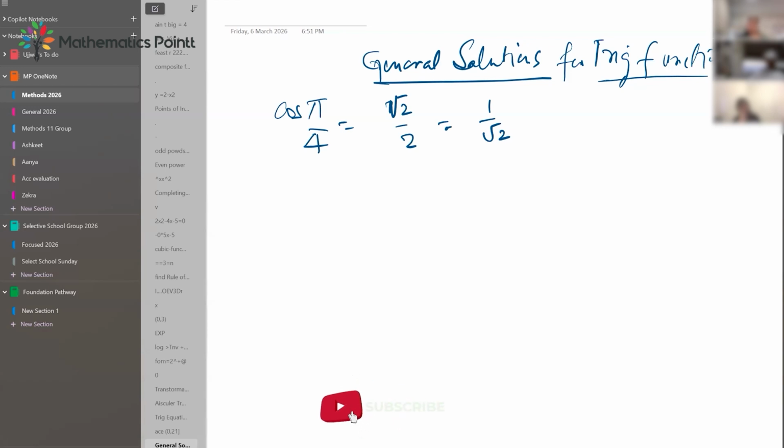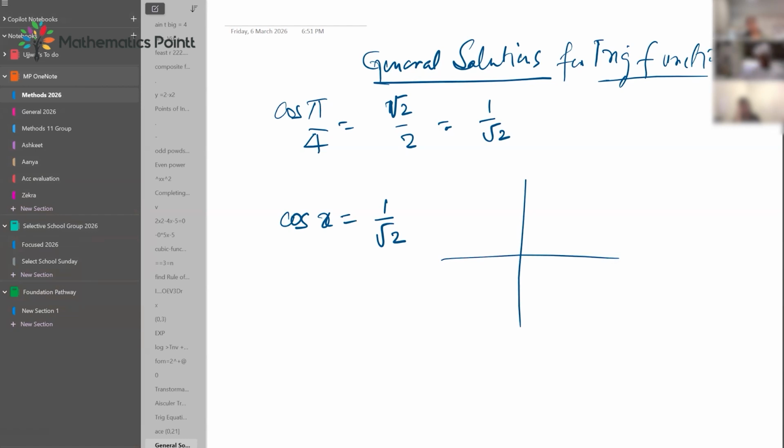If I write it like this, let cos x be 1 over root 2, and I ask you to solve for x, what are the possible values that I can solve? Let's do the anti-clockwise rotation, right? Anti-clockwise rotation is ASTC.